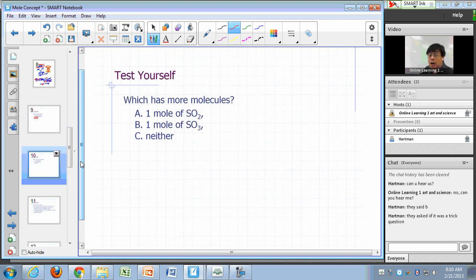Which has more molecules? 1 mole SO2, 1 mole of SO3, or neither? Okay, that's fine.